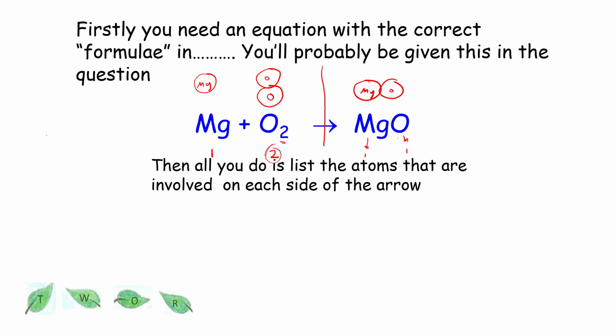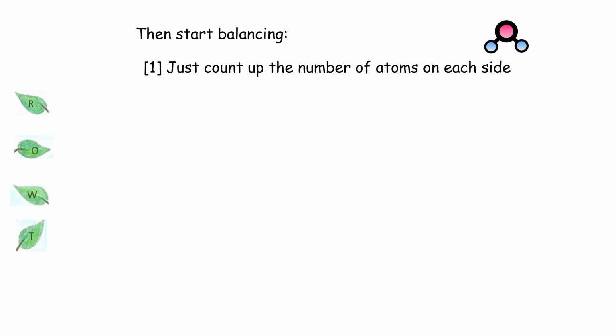For this reaction to happen, you've got to have a balanced equation, which means you need to have the same number of magnesiums on the left-hand side and the right-hand side, and you've got to have the same number of oxygens on the left-hand side of the arrow and the right-hand side of the arrow. So, let's have a look. So first of all, how do we balance?